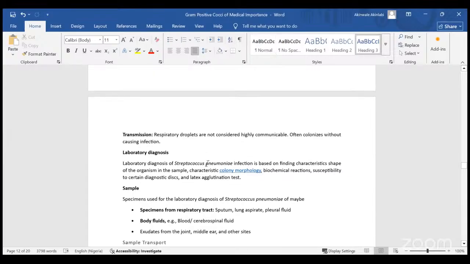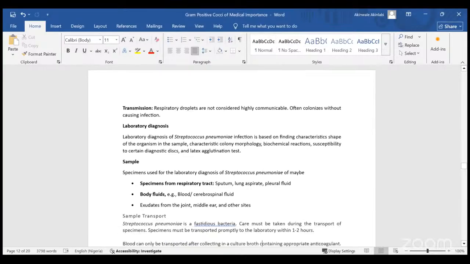Laboratory diagnosis is based on the characteristic shape of the organism. We know the characteristic shape, gram-positive diplococci. There are biochemical reactions susceptible to certain diagnostic discs. We talked about optochin the other time, sensitive.